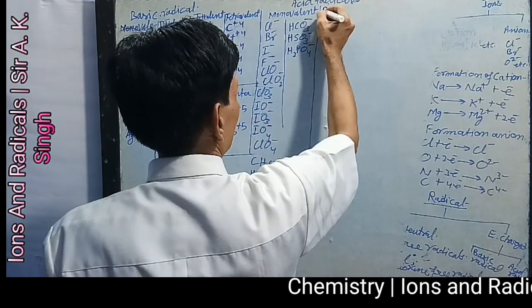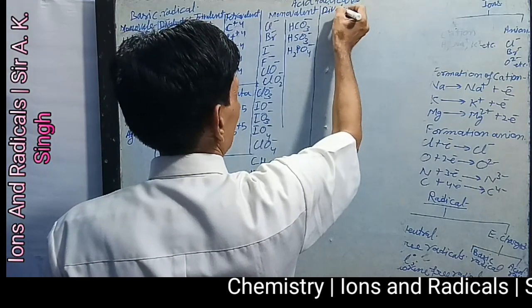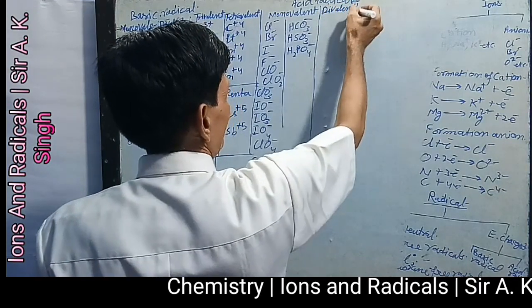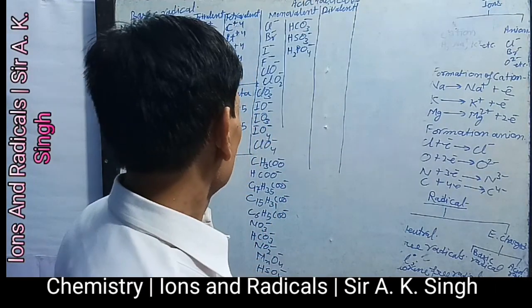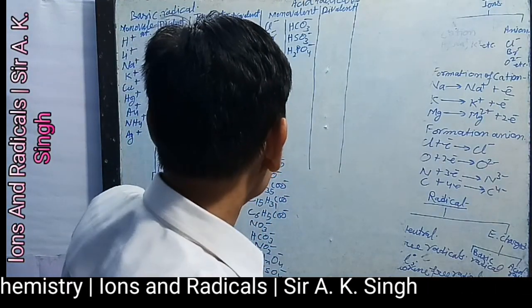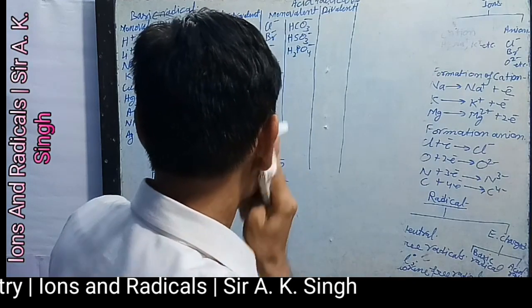Divalent anions. Some examples, let us see. Divalent having two negative charges, they are called divalent anions.